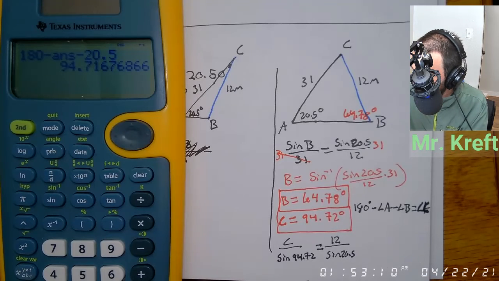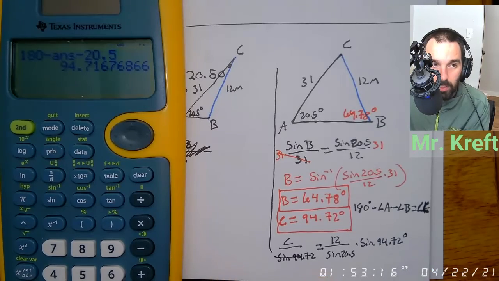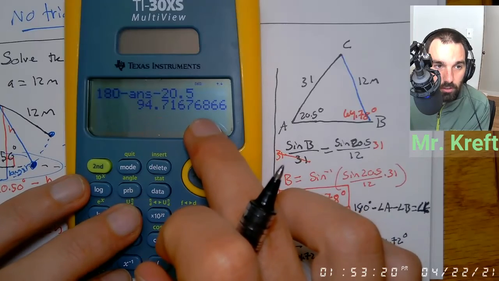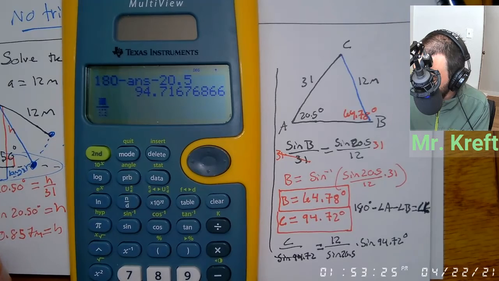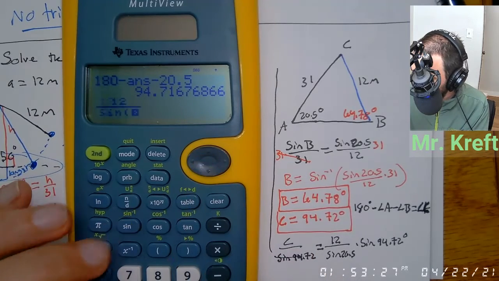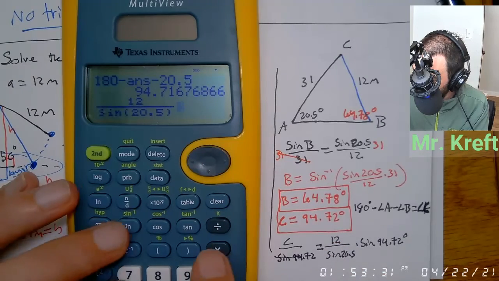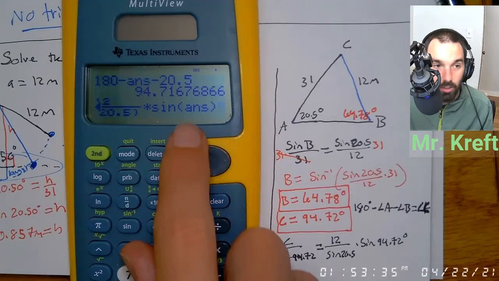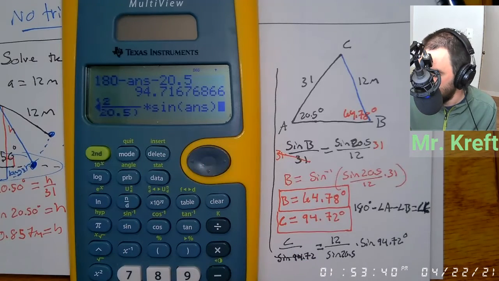So how do you do this without rounding? So you just go like this. With your answer still in your calculator, just go into your next one and go, okay, I'm going to have 12 over sine of 20.5, and then times sine, and then do second answer. So this way you're not rounding. We're keeping it all in the family, all in the calculator.